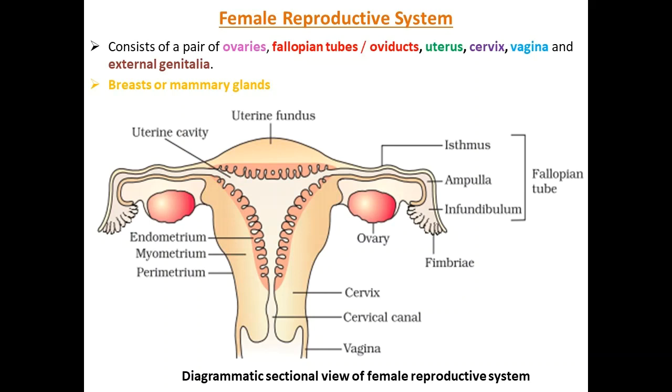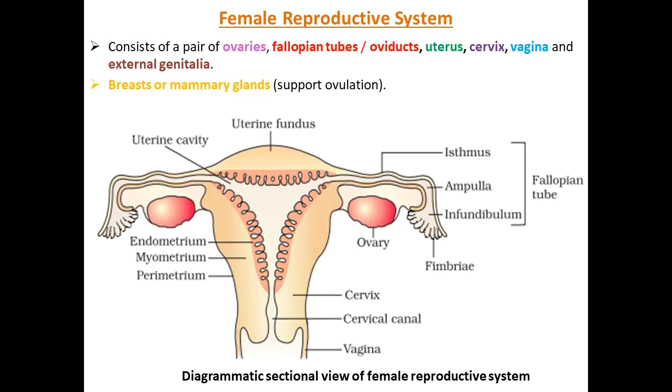For what? To support ovulation, meaning the formation or release of the ova, for fusion of the gametes, that is fertilization. If it occurs, then pregnancy, and then the birth and child care.